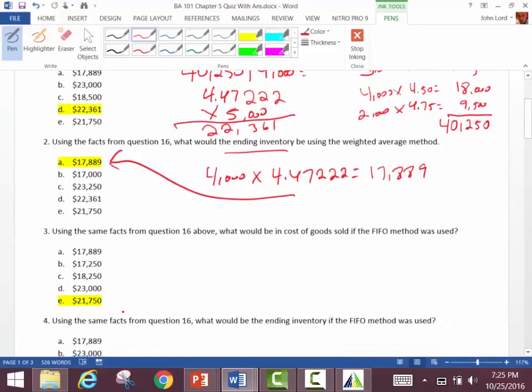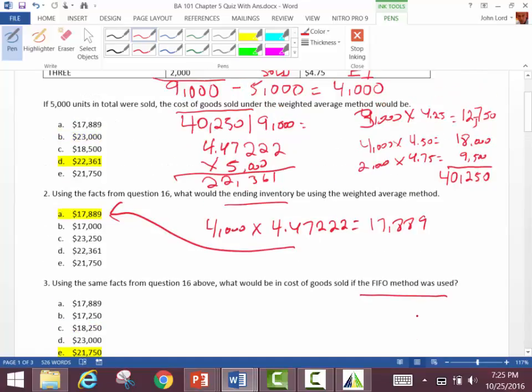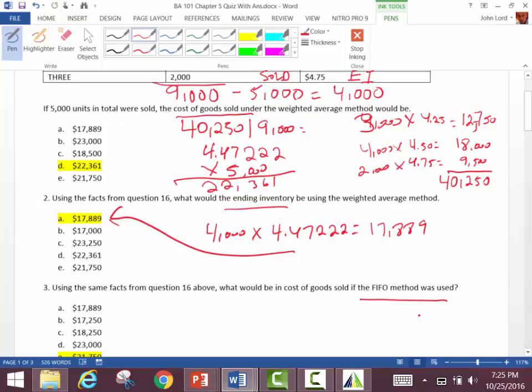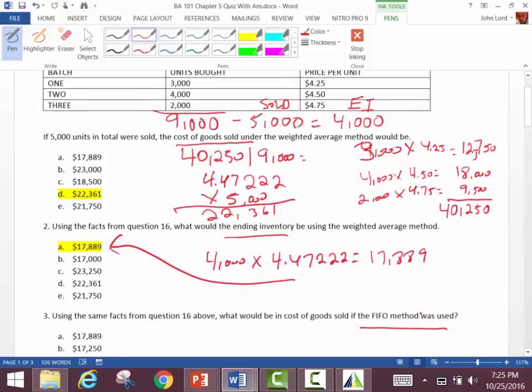You want to keep going to the next one? Okay, let's go ahead and do that one. Cost of goods sold now using FIFO, and then ending inventory using FIFO, right? Okay, good. I sold 5,000, so I'm going to take 3,000 from those right there, right? Okay, good. 3,000. Those get sold first.